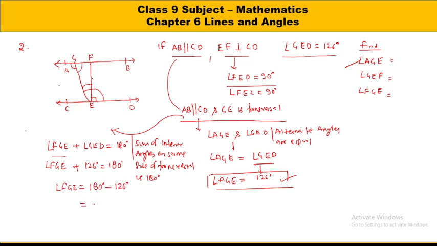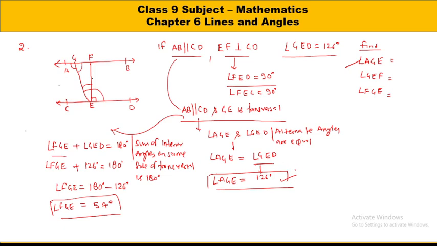So 180 minus 126, how much? It is 54 degree. So angle FGE will be 54 degree.